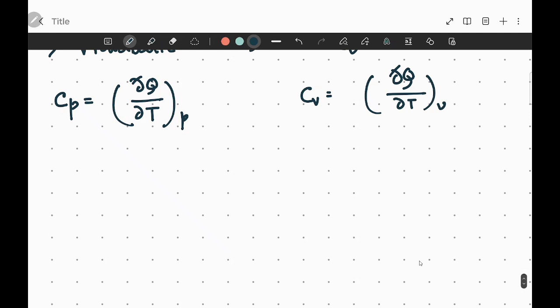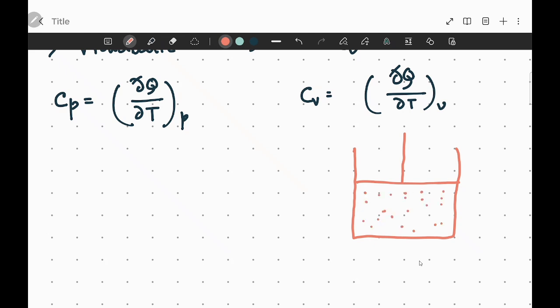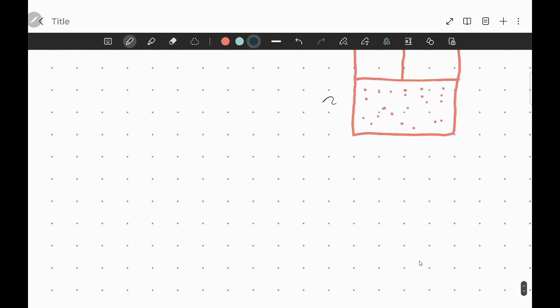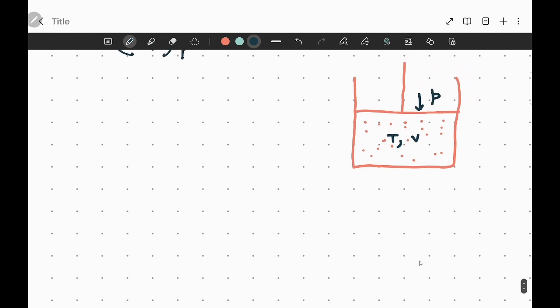Now if you have a macroscopic system, a macrostate like this, let me write it. Let's say at first the temperature was T, volume is V, and pressure is P.